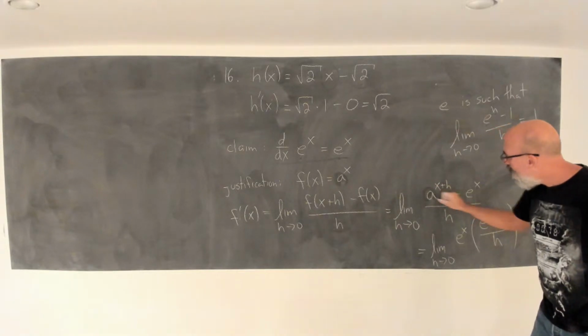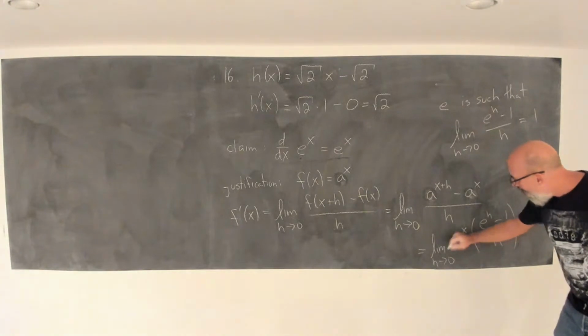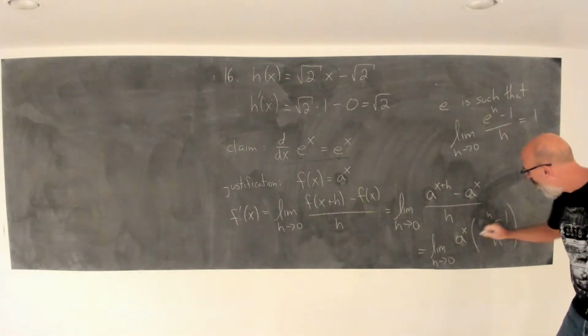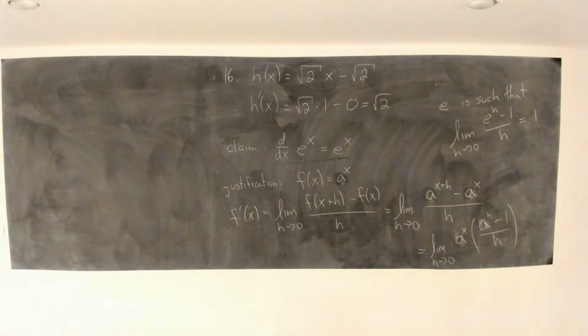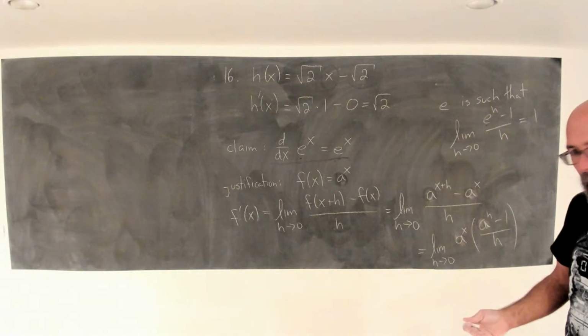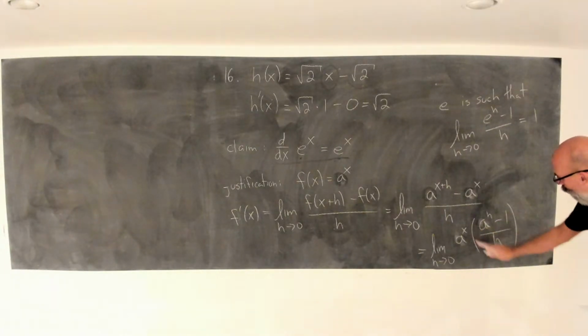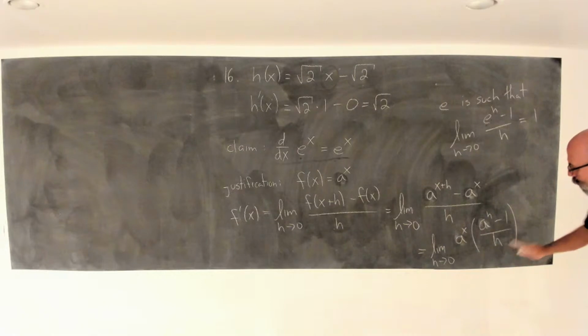a to the x plus h minus a to the x. Factor out an a, and you get this. The obvious question that arises, is there a value of a for which this is equal to 1?